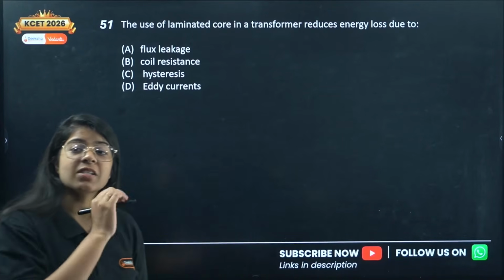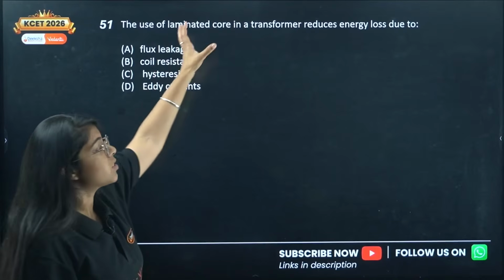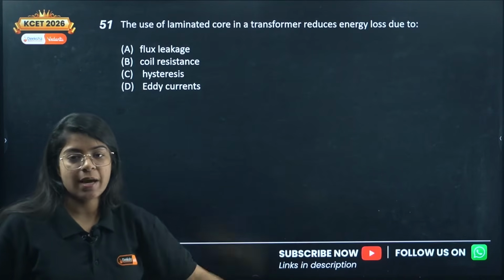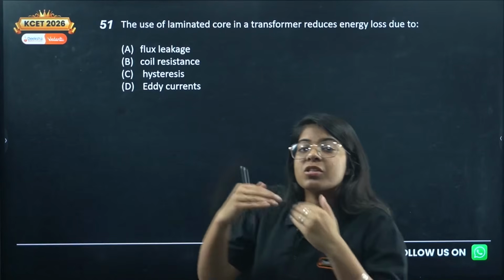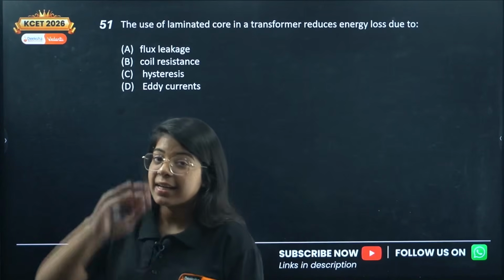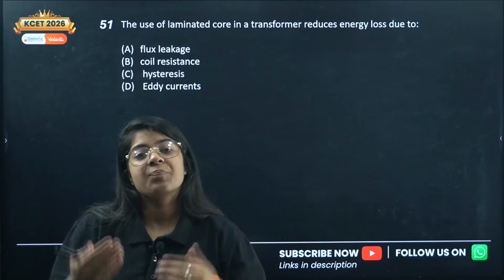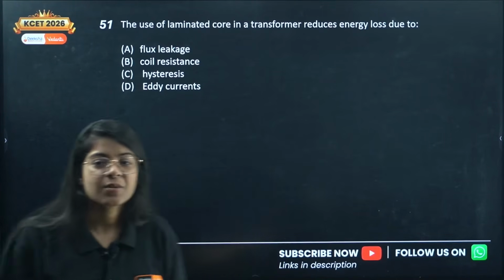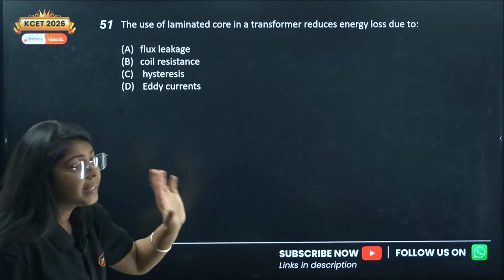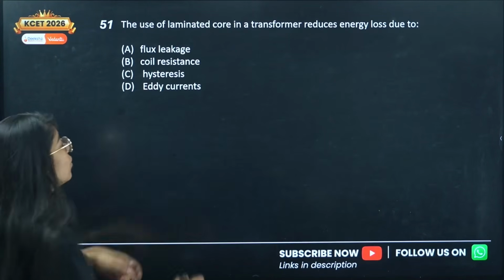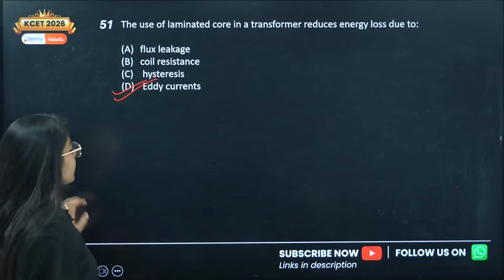Now, if we laminate the core, the resistance to the eddy currents increases, so energy loss will not happen, correct? So the use of laminated core in a transformer reduces energy loss due to eddy currents, correct?